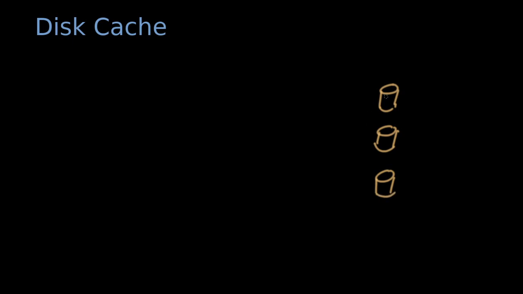And let's say that these 3 disks are combined by a RAID system with some error correction and stuff like that. Usually we get a disk cache in between, in front of each disk here, usually embedded in the disk device itself.